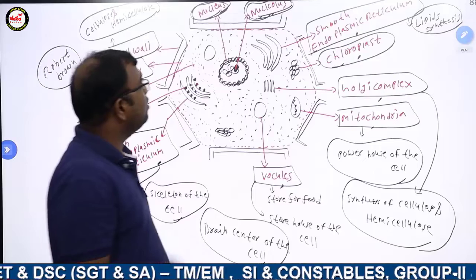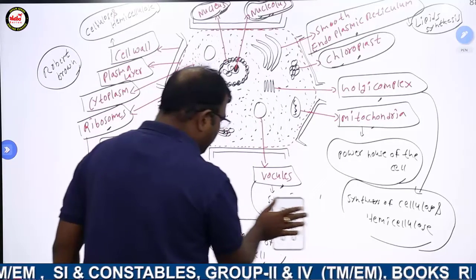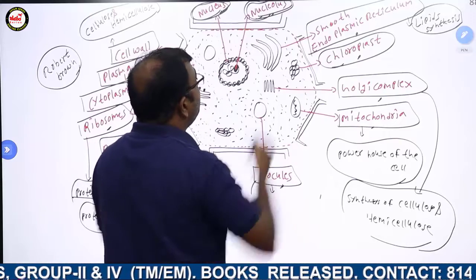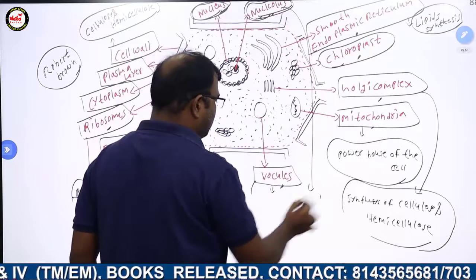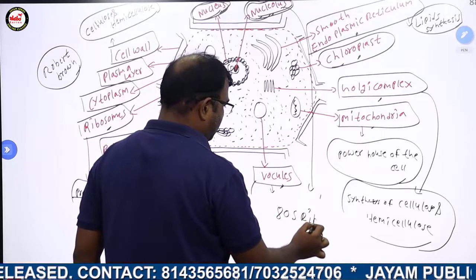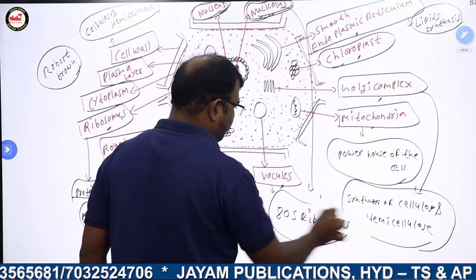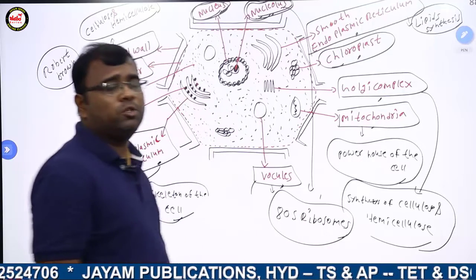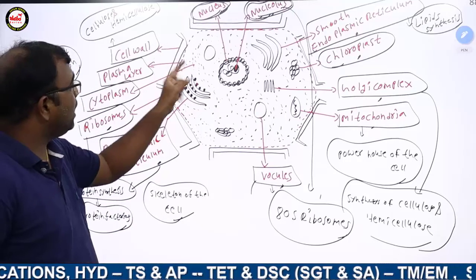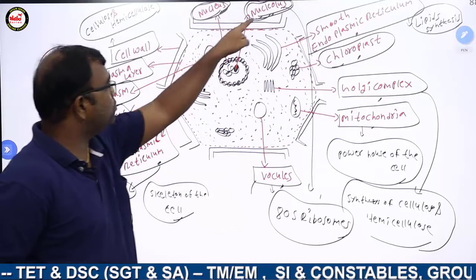The nucleolus function is it produces the 80S ribosomes. Inside the nucleus, the nucleolus is present.